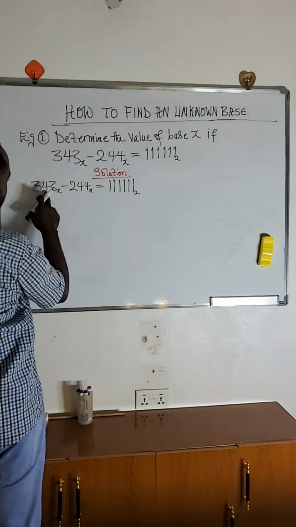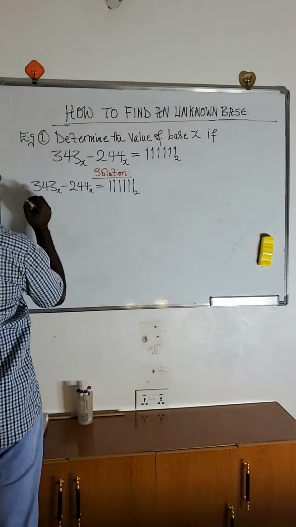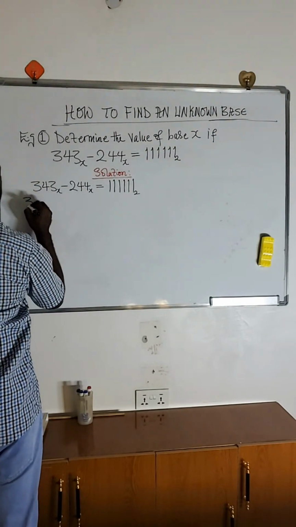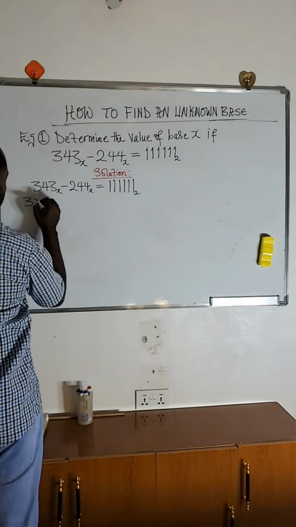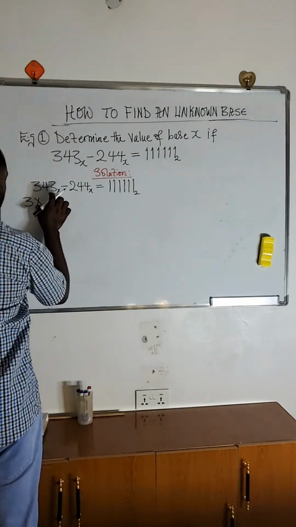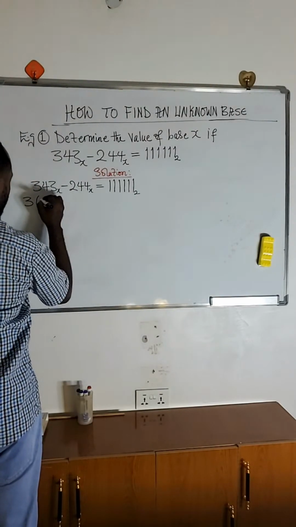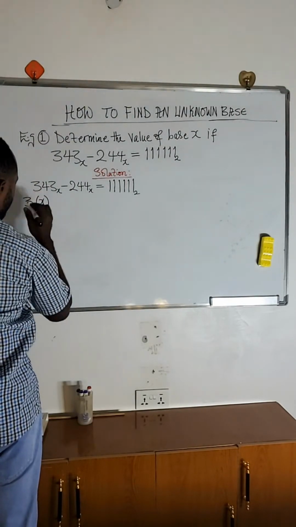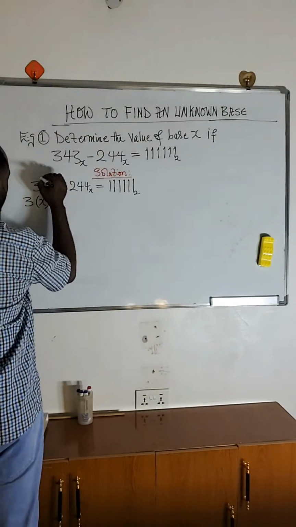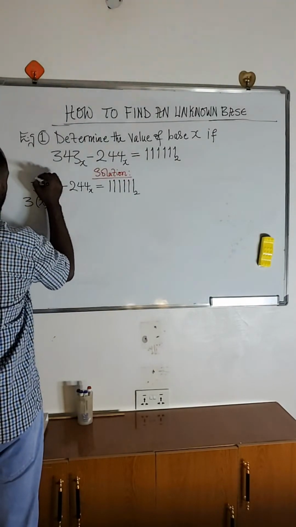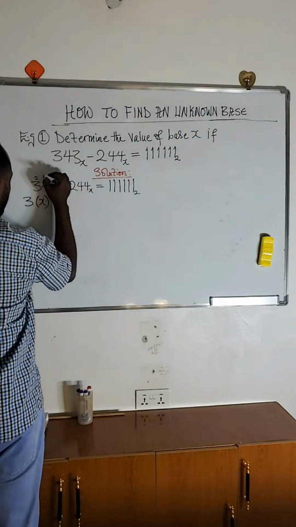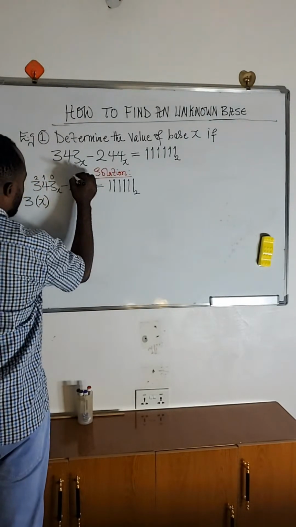If you convert 343 to base 10, that is going to be 3 times x, which is the base, raised to the power of 2, since the positions are 2, 1, 0.